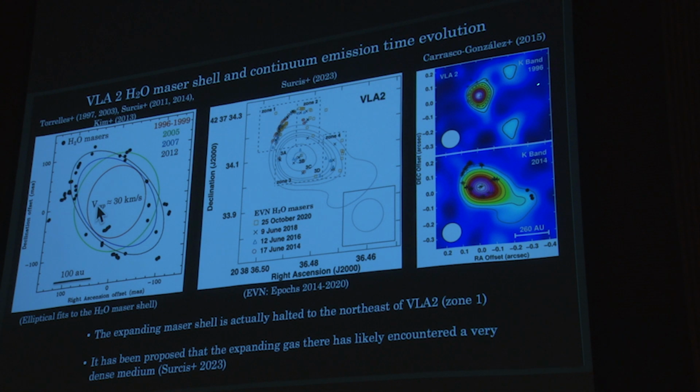The continuum emission in 1996 was a compact source, and in 2014, so almost 20 years after that, we see this elongated structure, and the spectral energy distribution is consistent with a radio jet. So, well, as I said before, here we propose that there is some kind of obstacle that is impeding the motions. Okay.